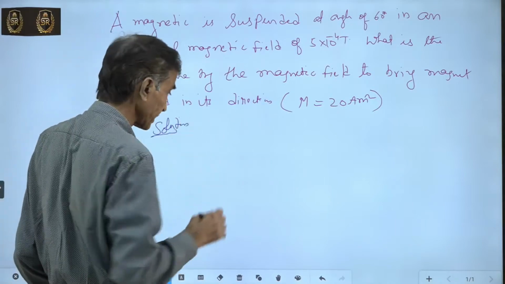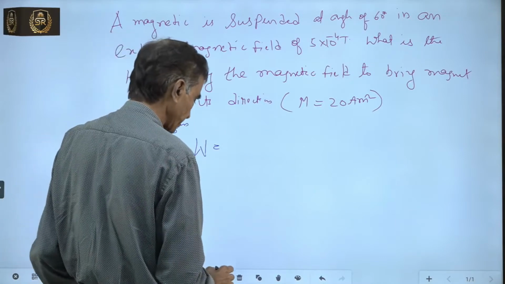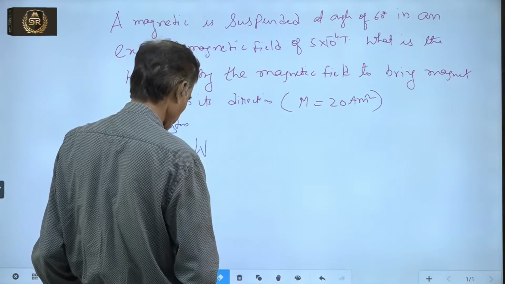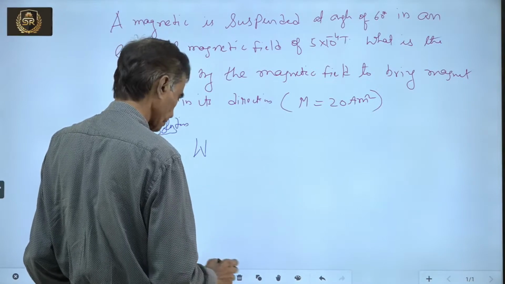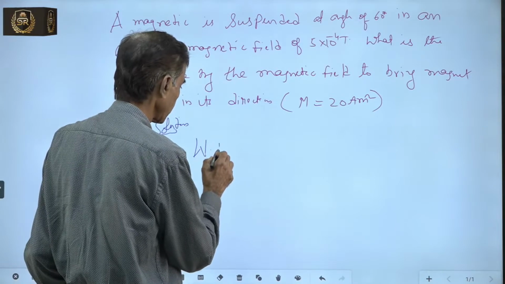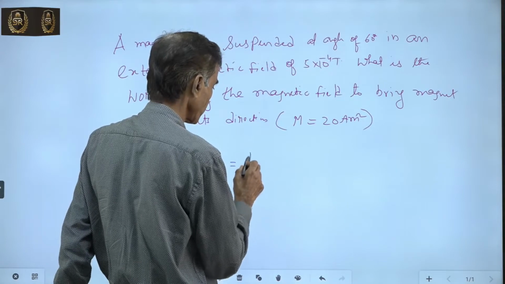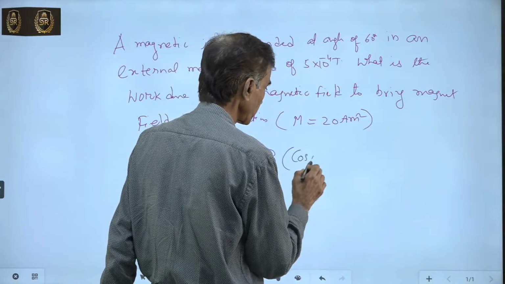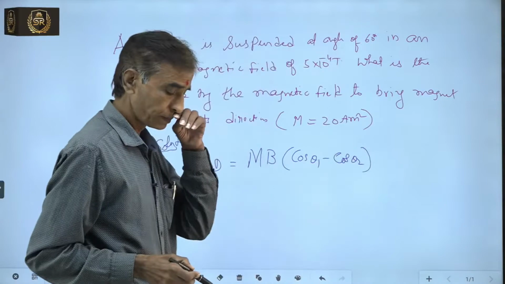So, what is the formula for this? Work done equal to MB into (cos theta 1 minus cos theta 2).